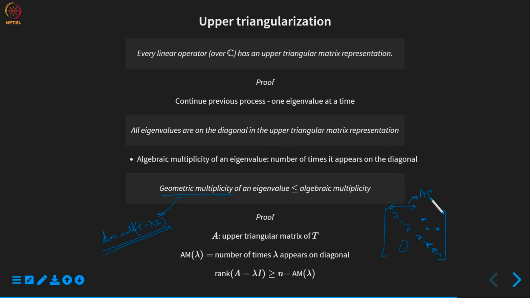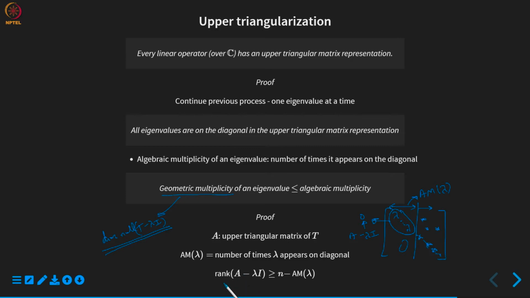That is equal to the algebraic multiplicity of lambda. Now when I do A minus lambda I, all these guys will become 0. When they become 0, you can clearly see there will be a linear dependence on this side.